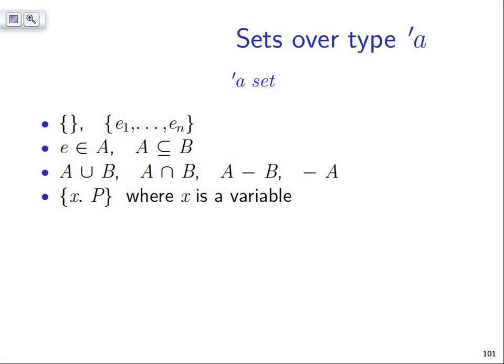And there's also set comprehension, which is written with a dot rather than a vertical bar. So the set of all x such that P, that is what this means.